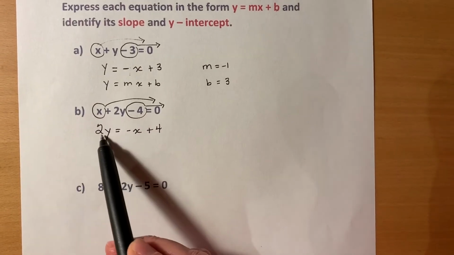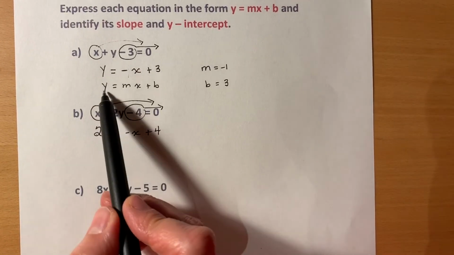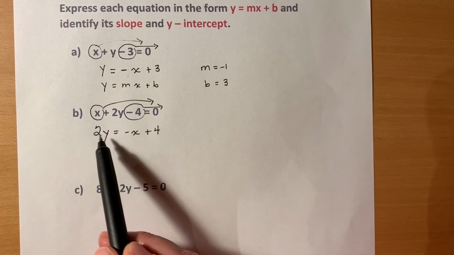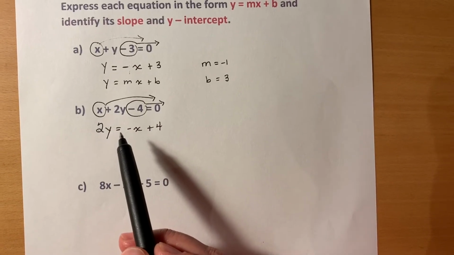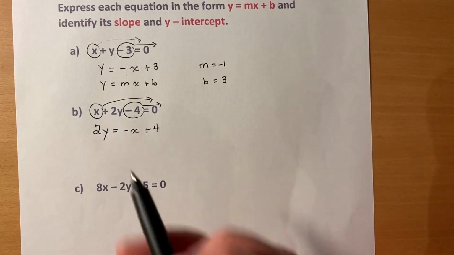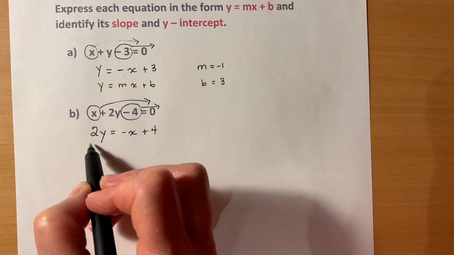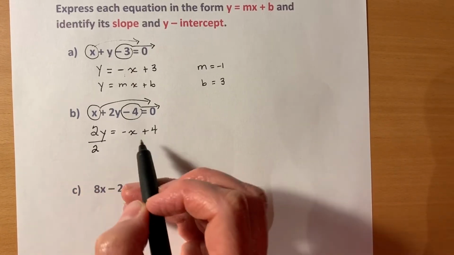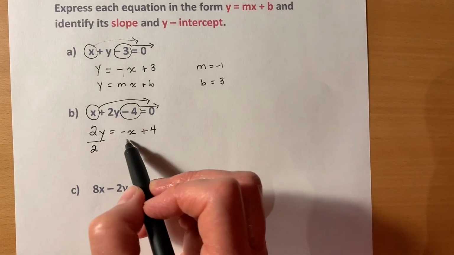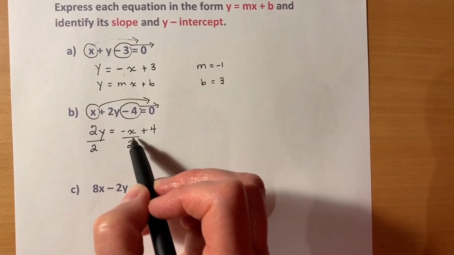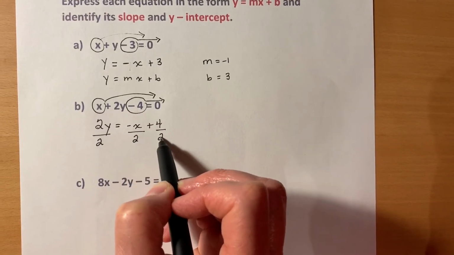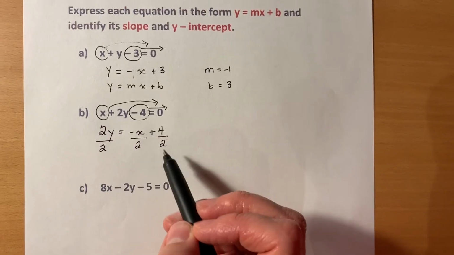We're almost there. This is 2y. We need y. So you have to think, how do you get rid of multiplication by 2? Remember, the opposite of multiplying is dividing. So you divide this by 2. Now you have to divide this side by 2. So you have to divide each of these terms by 2. And now you need to simplify your fraction.